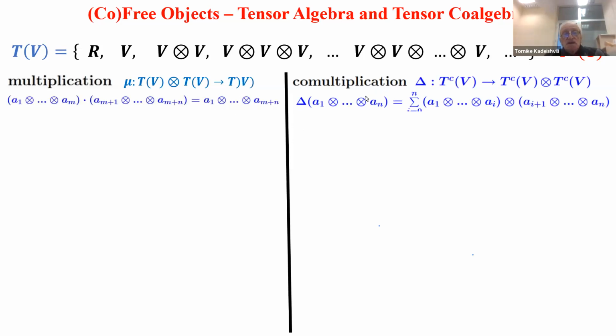Dualizing it, we have the product from 2 to 1, and the coproduct, the diagonal, from 1 to 2. Two to 1 is multiplication, 1 to 2 is comultiplication. And the codiagonal, the delta of A1, ..., AN, is a sum of cuts somewhere into two parts, and such a sum is a comultiplication.